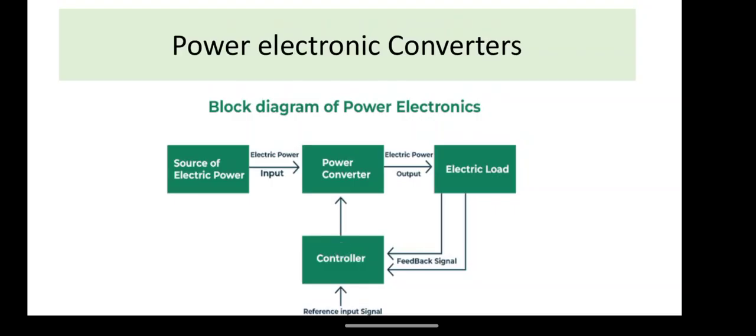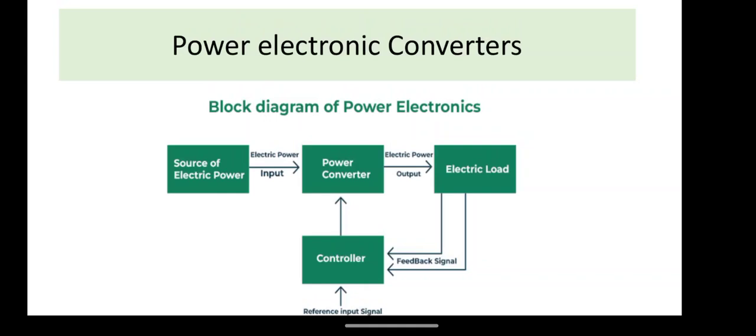Coming to power converters, the power converter here is the key component to balance the electric power supply with the requirement of the load. For example, we need to charge a mobile phone.